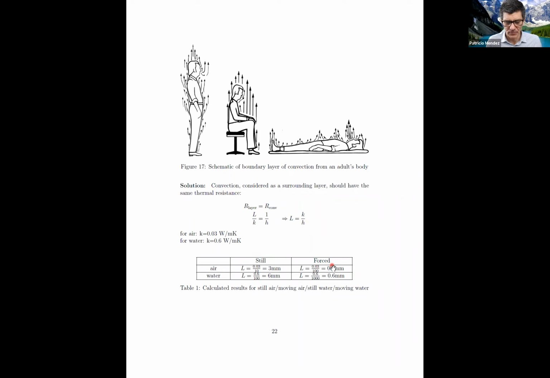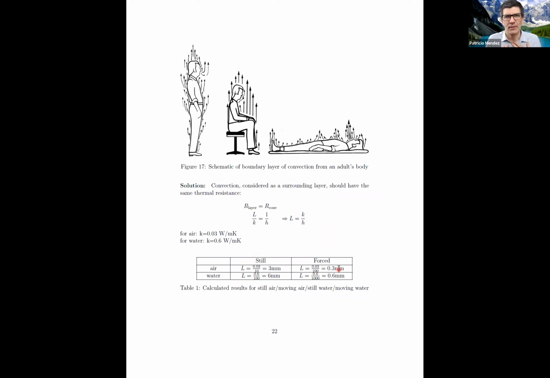Now, if there was wind, that would be forced convection, and the thickness of this boundary layer would be 10 times smaller, 0.3 millimeters. Now it's easier to see why, if it is cold, wind makes things worse. Because if it is cold, but the air is still, I have a 3 millimeter layer of air protecting me.